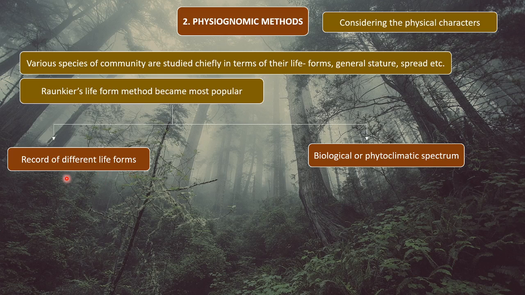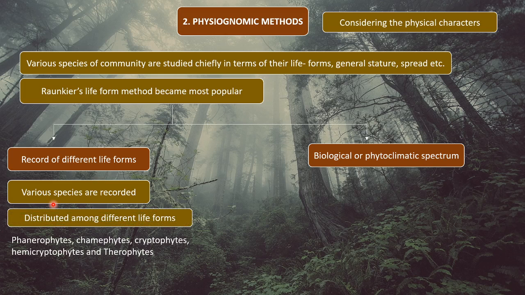So what does that mean? Now we know that Raunkiaer classified plant species into various life forms. These were phanerophytes, chamaephytes, cryptophytes, hemicryptophytes and therophytes. You know that phanerophytes are tall tree-like plants that have their buds exposed.